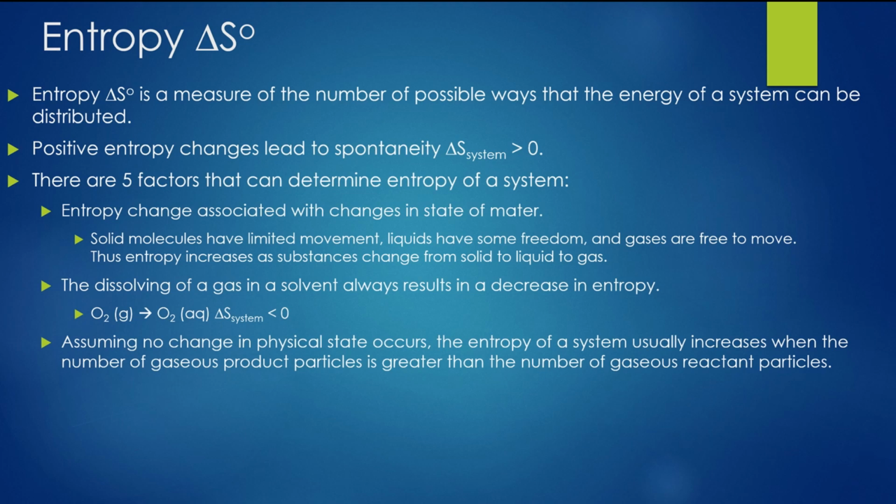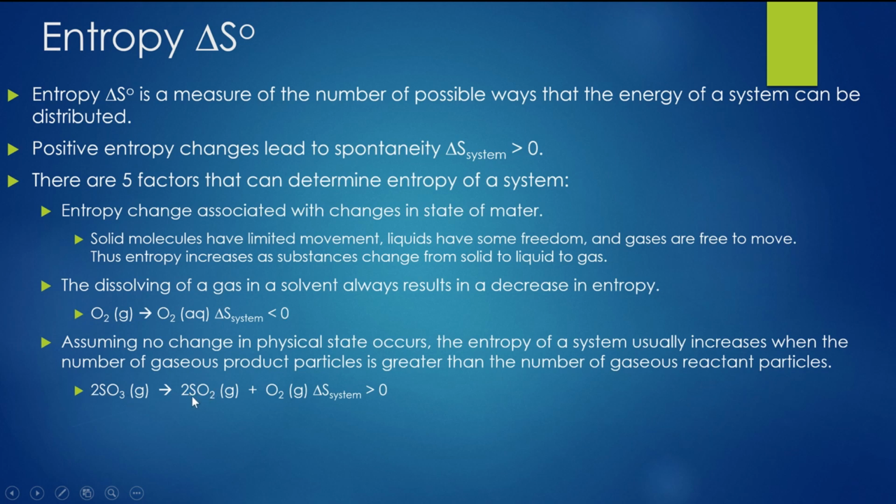Assuming no change in physical state, no melting, no boiling, the entropy of a system usually increases when the number of gaseous product particles is greater than the number of gaseous reactant particles. So here's an equation. We have all gases. On the reactant side, we have 2 moles of sulfur trioxide.